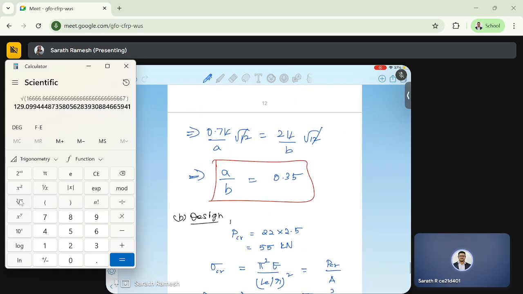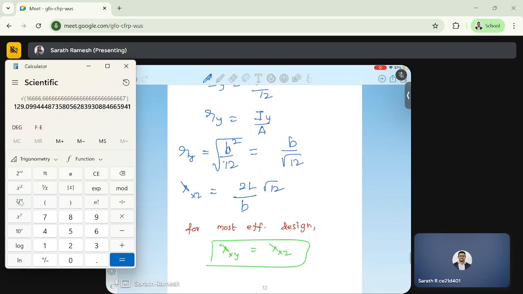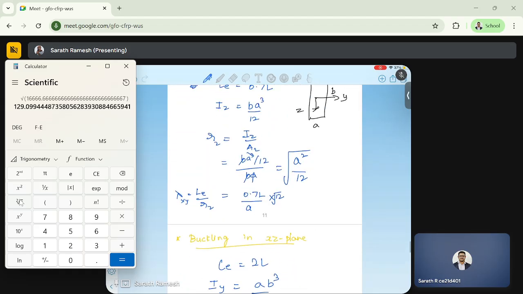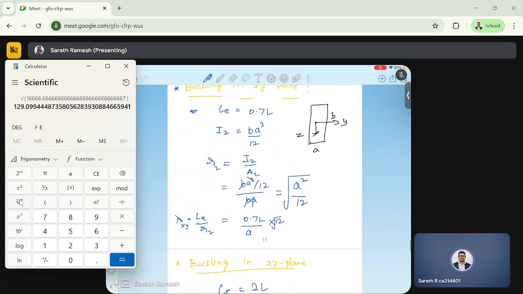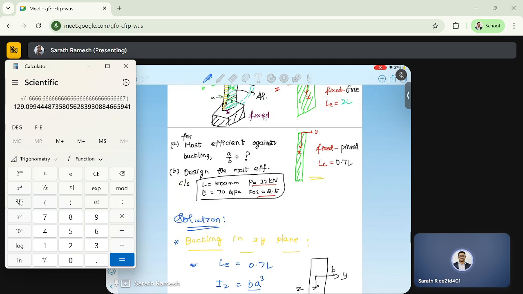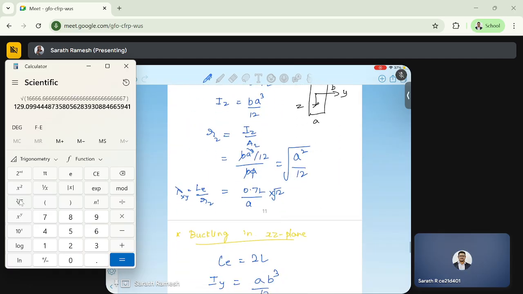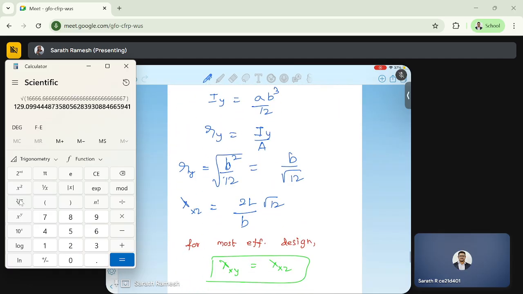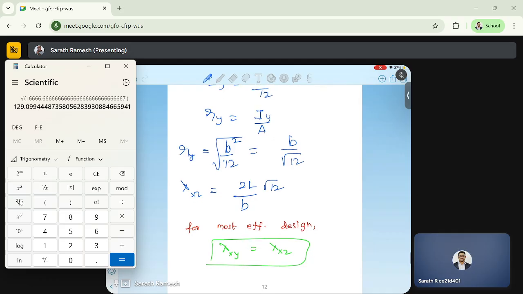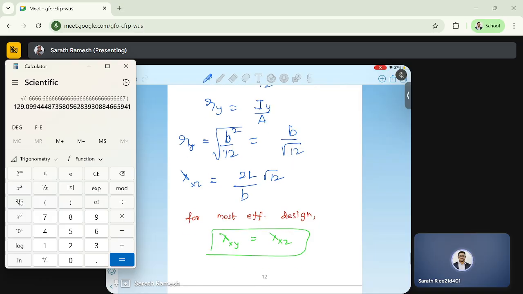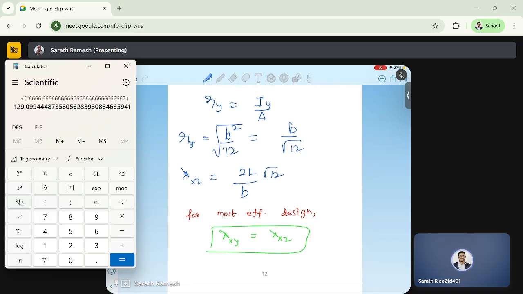What is LE by R? We can write any one. L is given as 500 mm. So LE by RY, when we substitute, we will get 2L into root 12.